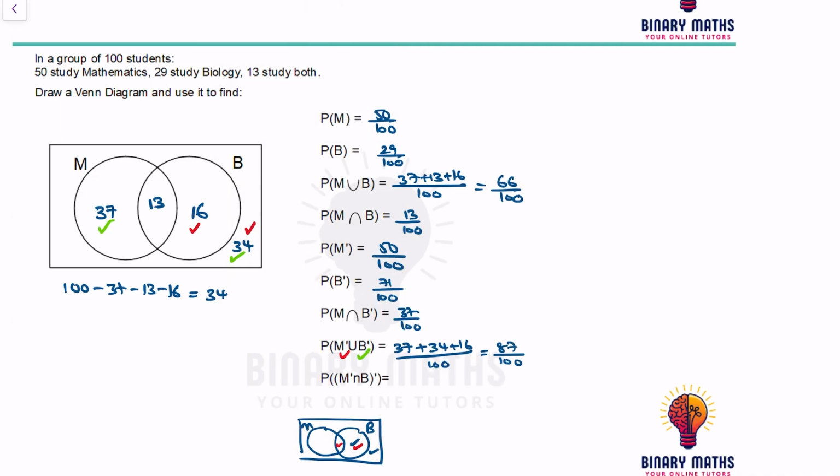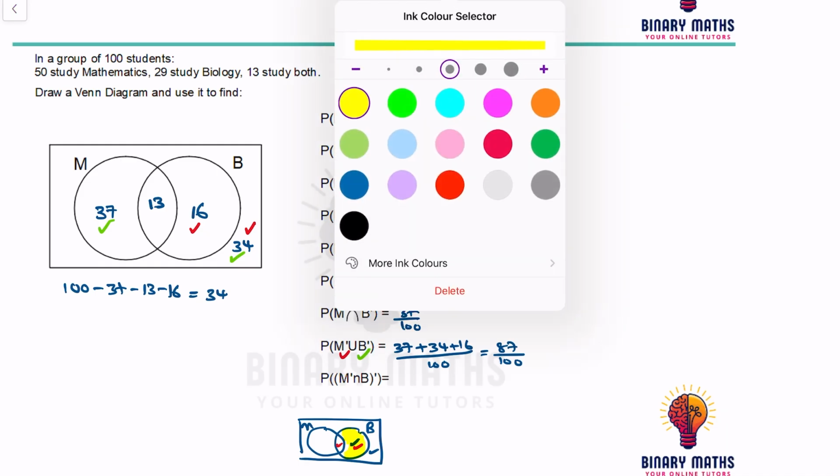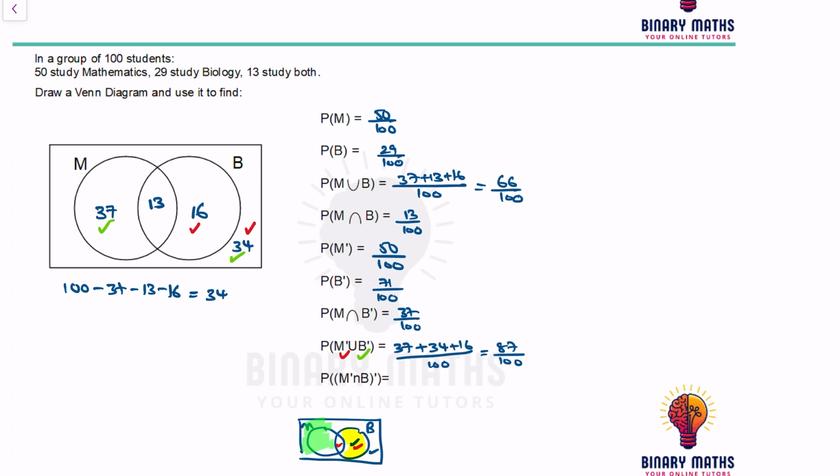So what we want is M dash intersect B, the part that is both, so that part. But then we want the complement of that, which means we actually want the green part, which is everything else. So everything else but the yellow part.